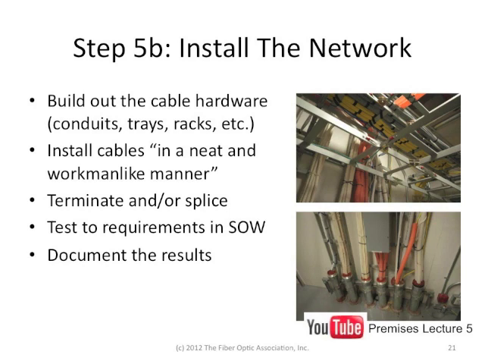You terminate the cables or splice them as needed and test them to the requirements that you put in your original scope of work. Again, document the results. Make sure that when everything is installed and tested, there are documents that tell you what goes where and that it met these test requirements.